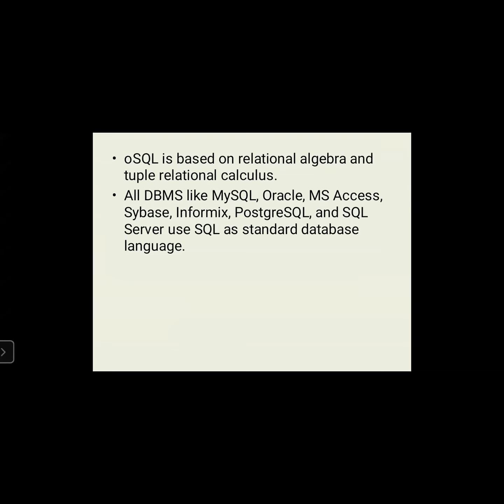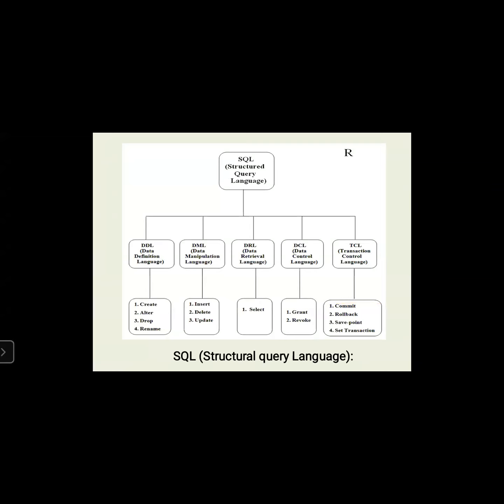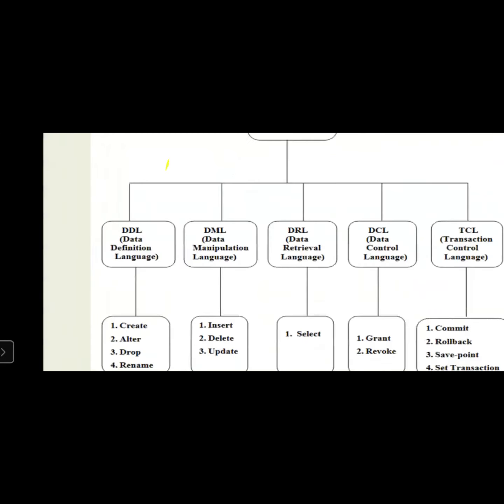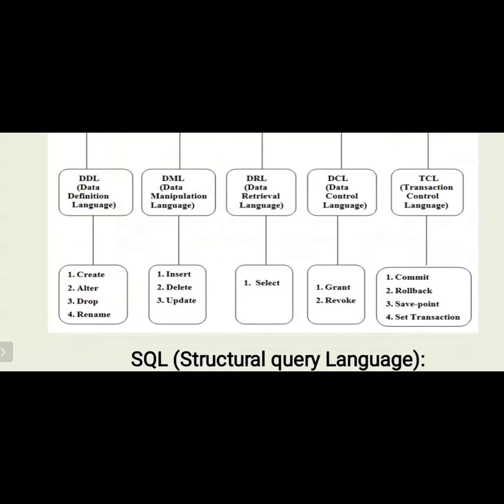All DBMS like MySQL, Oracle, MS Access, Sybase, Informix, PostgreSQL, and SQL Server use versions based on SQL. Here we mainly consider four types of languages: DDL, DML, DCL, and TCL. We can consider another language also, data retrieval language, which is nothing but select. In data definition language, the create command is used for creating tables. The syntax is create table, table name, open parenthesis, field name and data type.